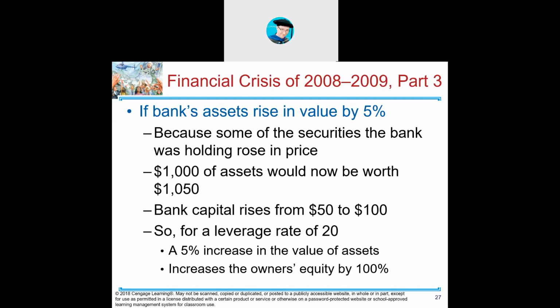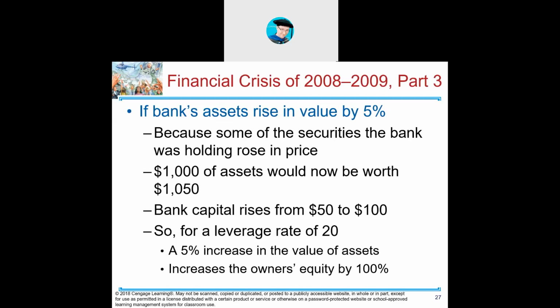That's an asset to the bank. Let's say the value of all the housing that the bank held went up by 5%. Why did this happen? Or what causes it to happen? The value of housing goes up and it goes down. And it goes up and it goes down.